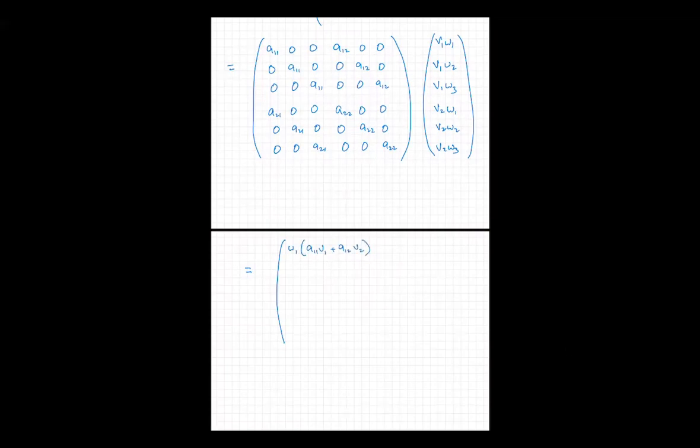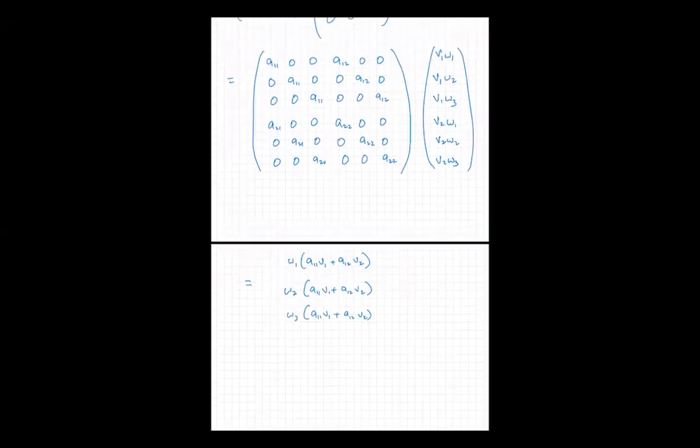What would be the second element? The second element would be A11 acting on V1W2 plus A12 acting on V2W2. So I'll take W2 common and write this as A11V1 plus A12V2. And now you see a pattern emerging.